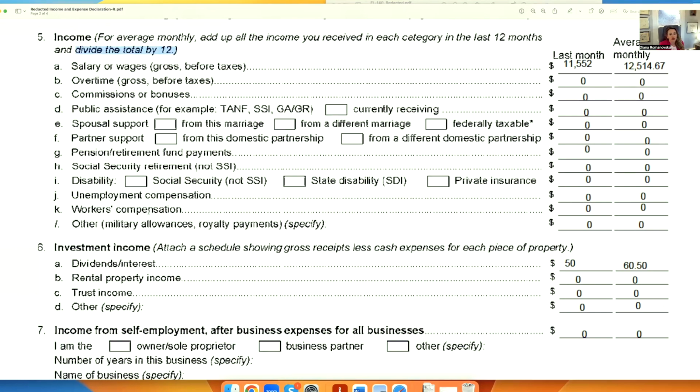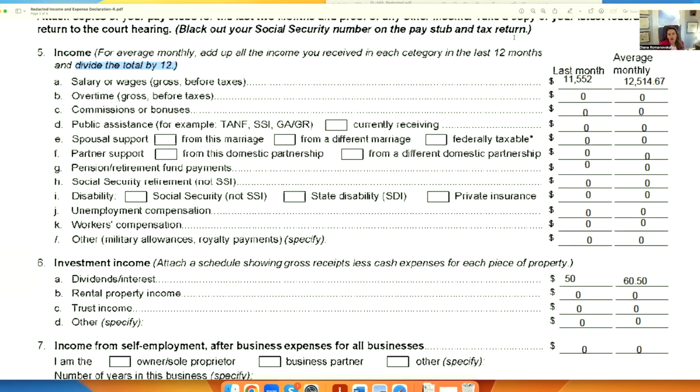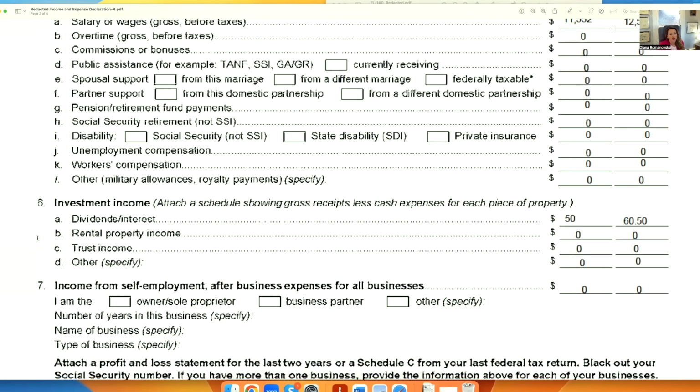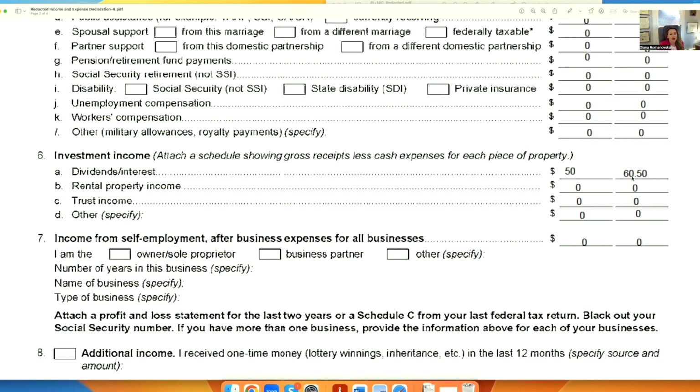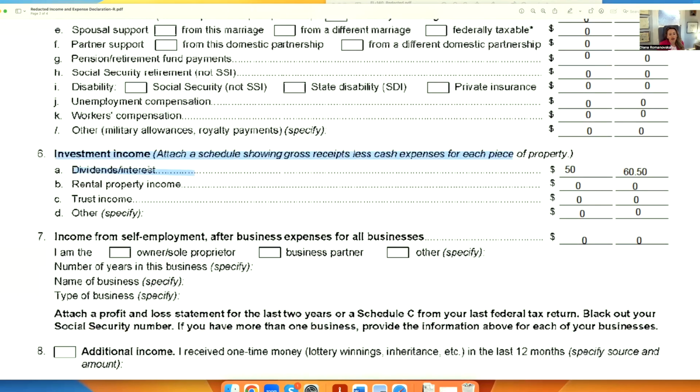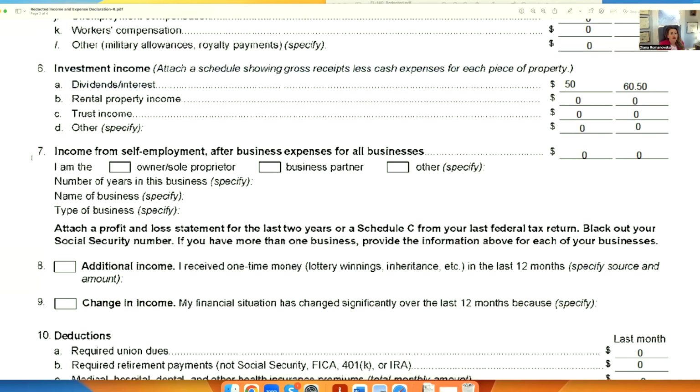Social Security, workers' compensation. Whatever needs to be filled out here, just make sure you put the last month and the average. Investment income, dividends. That seems very low for what I think I saw on assets and debt. But you can find that in your investment account when you download tax information for the prior year.